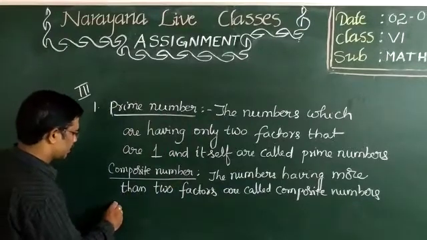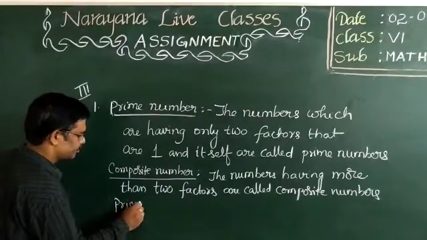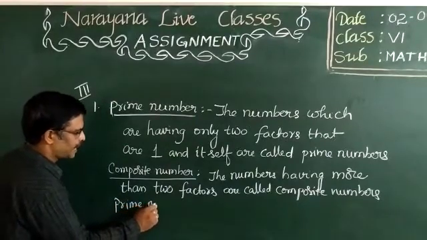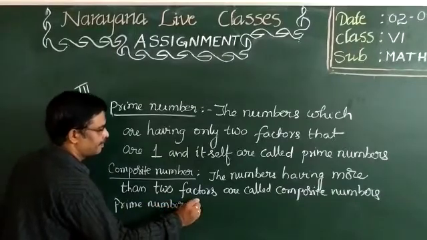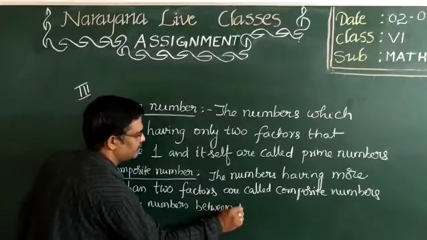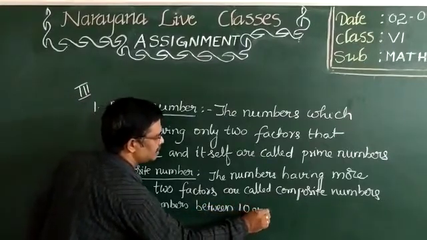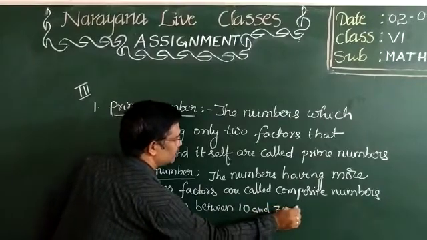The prime numbers between 10 and 30. Between 10 and 30, how many are there?